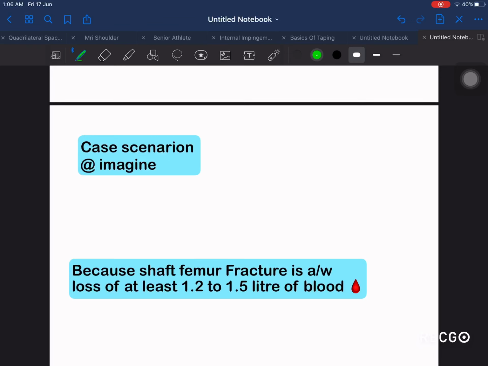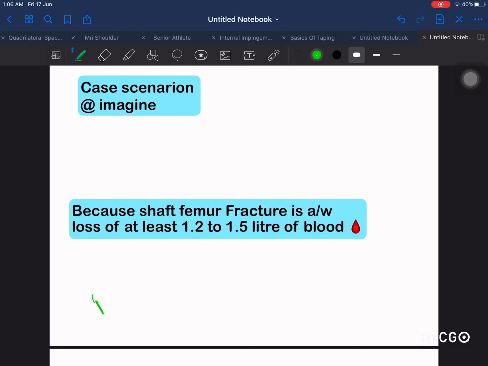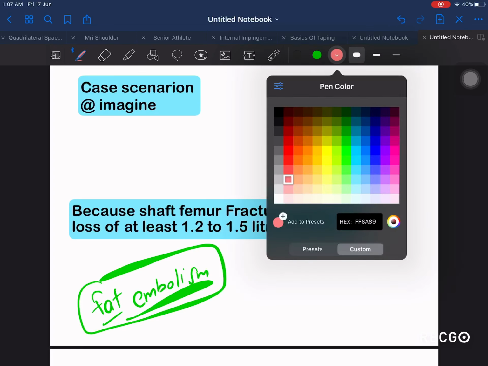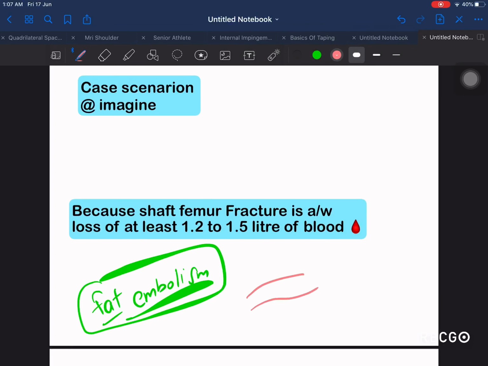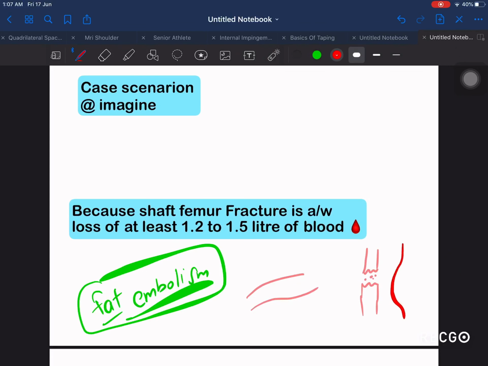Now the second thing, shaft femur fracture patients are associated with the condition known as fat embolism. Now what happens in fat embolism? Out of the fractured bone, the marrow globules will come out and enter into the capillaries.